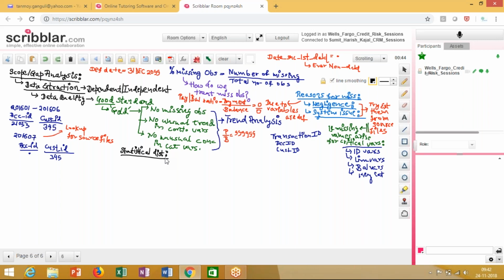If they are missing, they need to be extracted from account level information in the source files. Now, if information is missing from the source files, we have two actions to take: one is to drop that observation from the data, or to do some kind of statistical imputation depending on the feasibility of each of the methods.